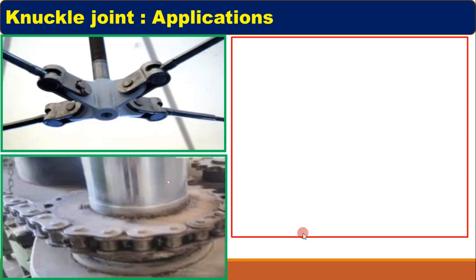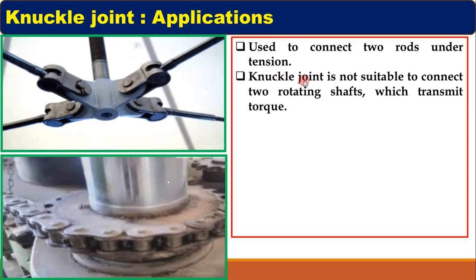Then the applications of the knuckle joint. Already we know that this knuckle joint is used to connect two rods under tension, that is, under tensile force. Very important point: the knuckle joint is not suitable to connect two rotating shafts which transmit torque.